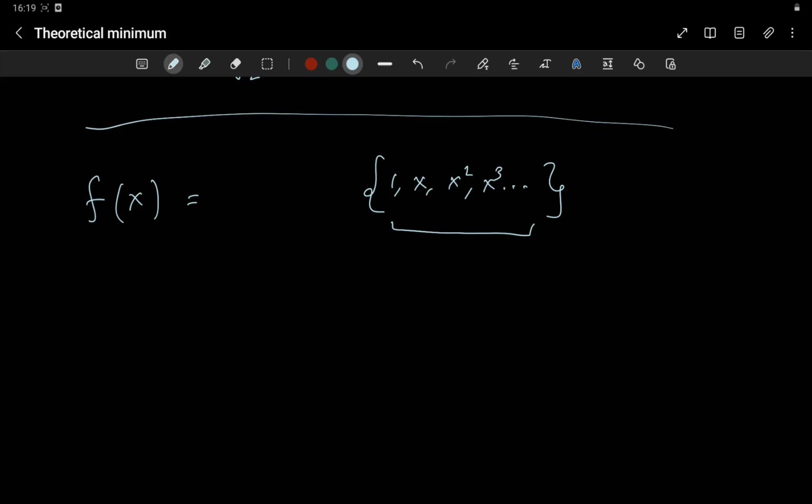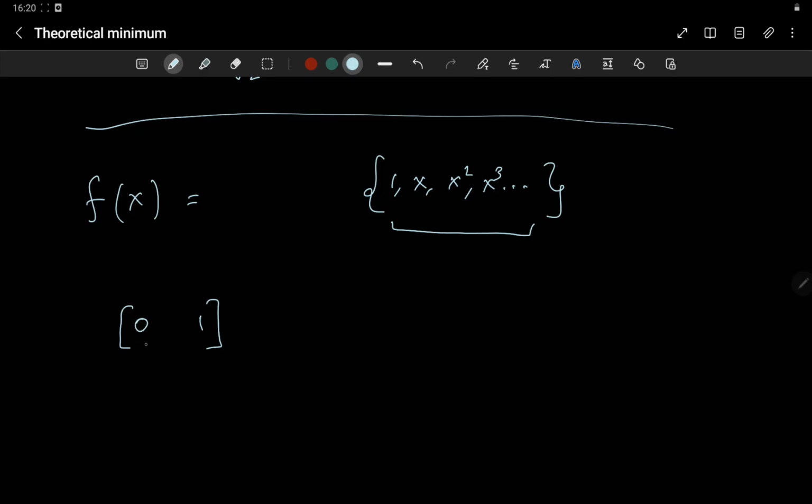Let's say the function which I would like to calculate is valid in the interval 0 to 1. I want to know the coefficients if I use this basis. If they were an orthonormal basis, it would be easy to calculate the coefficients, but they are not, right?